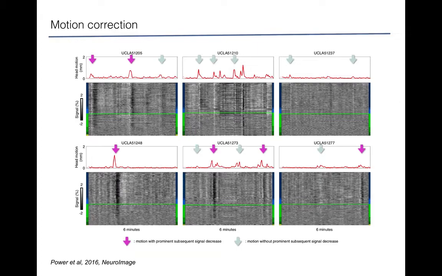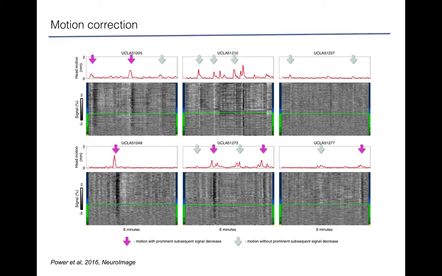Whereas in the blue arrows, there is a peak in the motion, but the effect in the BOLD time series is not as strong. So this is just to show that the way motion affects the BOLD time series is not easy.